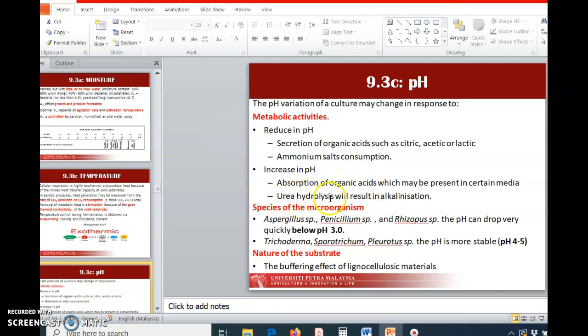Second, urea hydrolysis will result in alkalinization. Species of microorganism matter. For example, these three fungi species can cause the pH to drop very quickly, while for these three fungal species, the pH is usually stable. So sometimes we can use a substrate that can act as a buffer, for example, lignocellulosic materials.